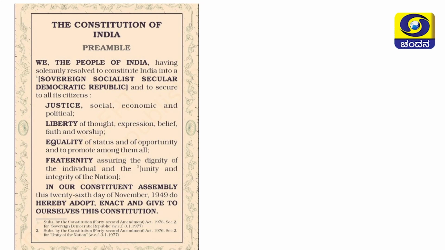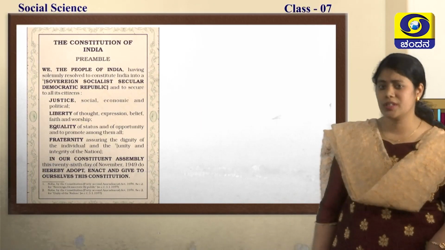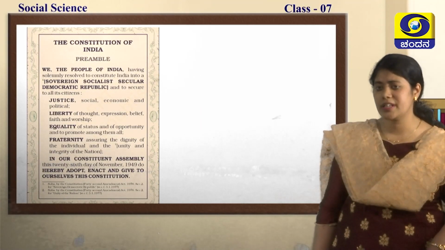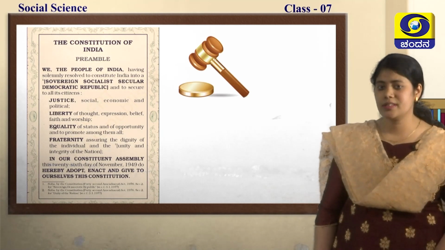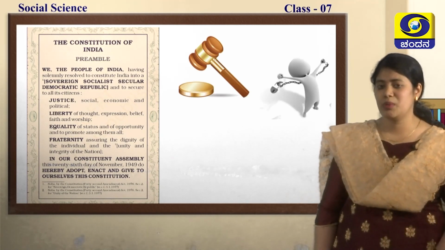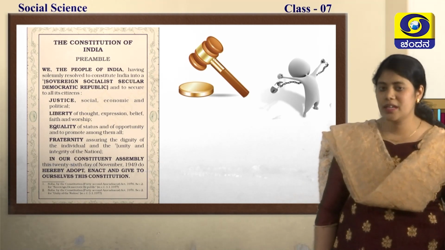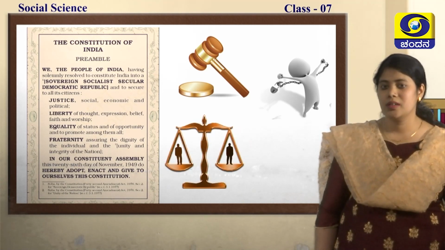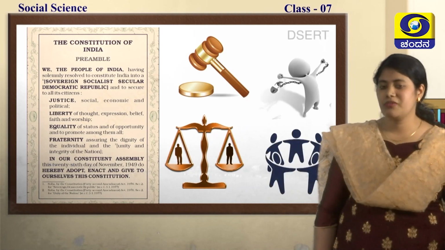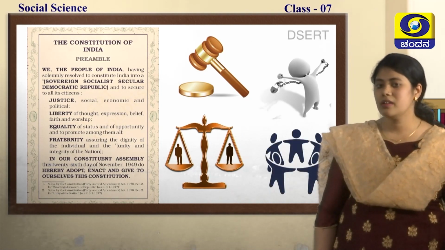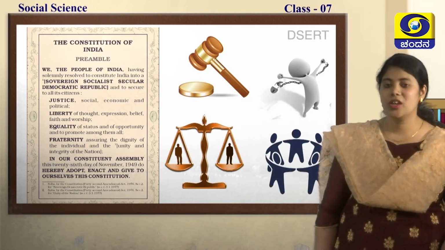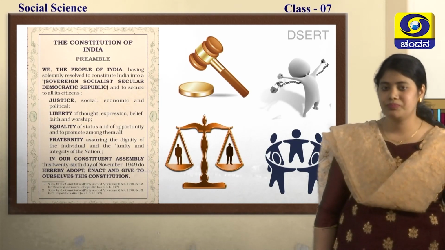So many key terms like sovereign, socialist, secular, democratic, republic, justice, liberty. Liberty is nothing but freedom of thought, speech, right? Equality, okay. And fraternity. Fraternity is nothing but the oneness, feeling of brotherhood, okay.